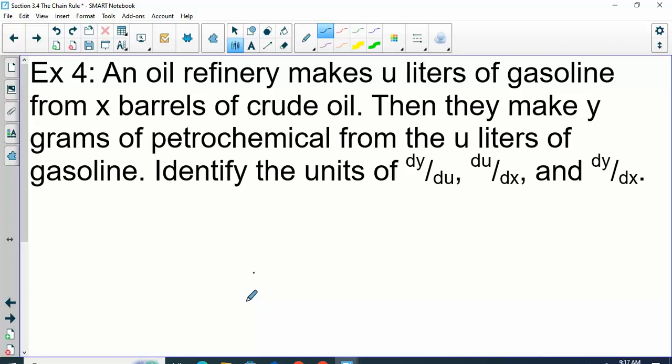So an oil refinery makes U liters of gasoline from X barrels of crude oil. Then they make Y grams of petrochemical from the U liters of gasoline. All we're doing here is giving the units for each of these things.